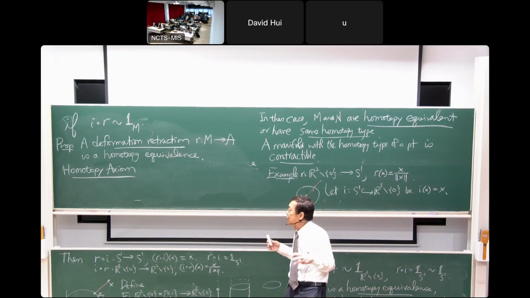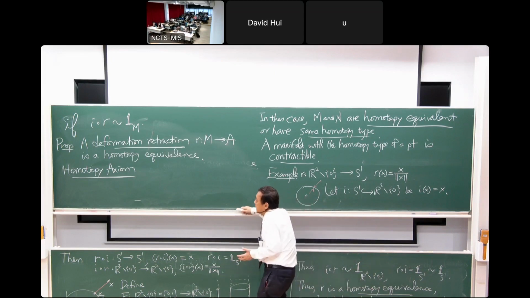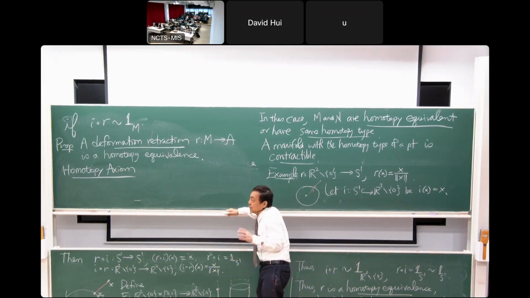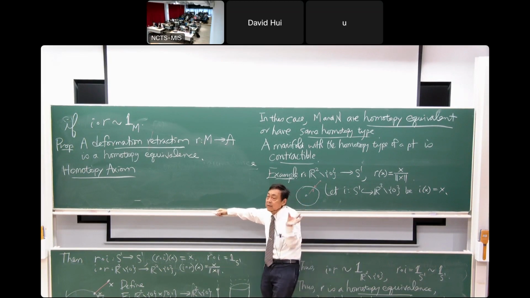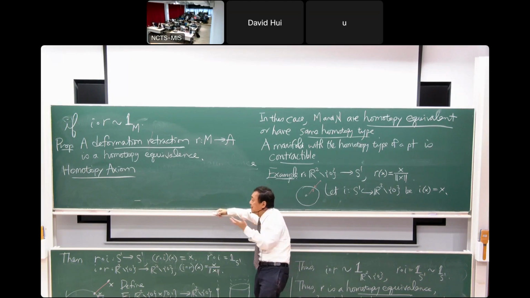If you have a functor, that means you can associate a vector space, a group or a ring to a topological space, and it satisfies a number of properties, then you have a cohomology theory, and all the cohomology theories will have the same properties if they have just those axioms.